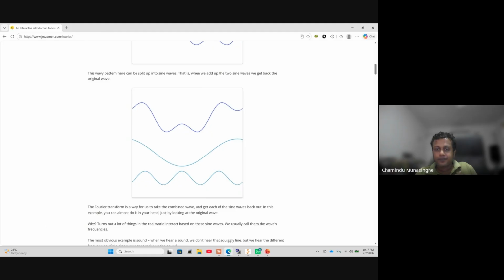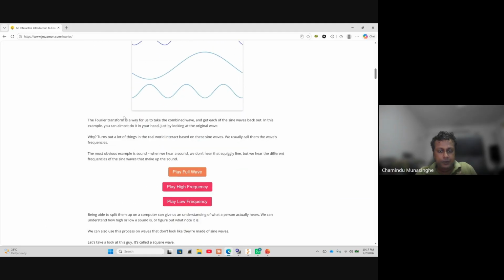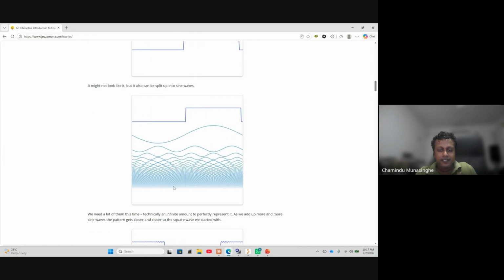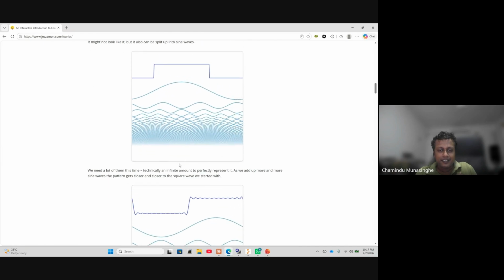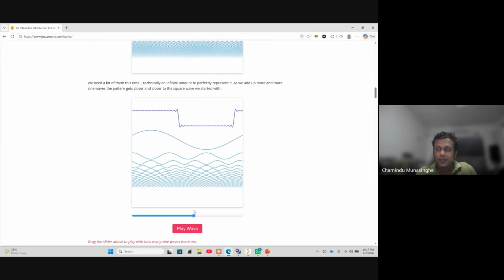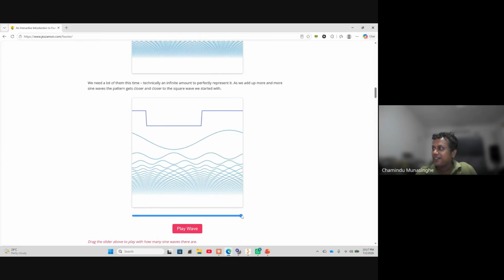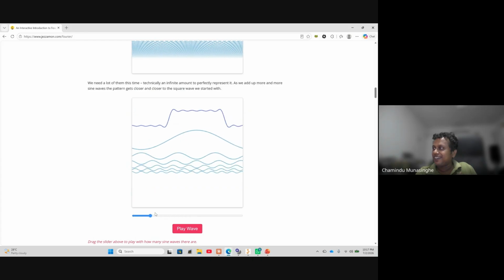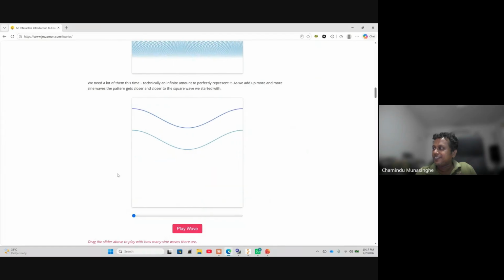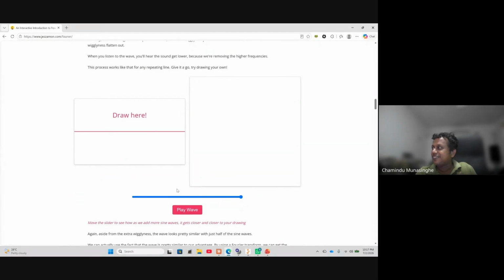So here, this is a square wave demonstration that I showed you earlier, right? Here you can play around with that. You can change the number of harmonics, and then approximate the square wave. And it has an even more interesting one here. You can draw an arbitrary waveform, something like this.